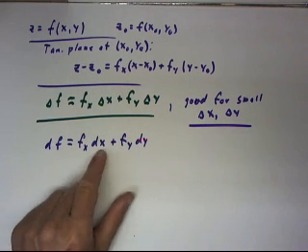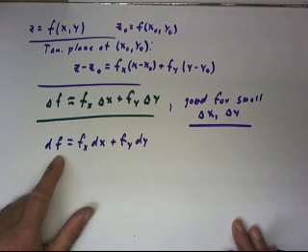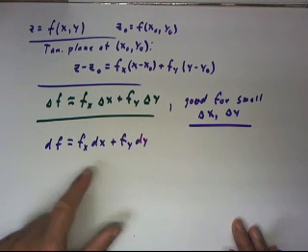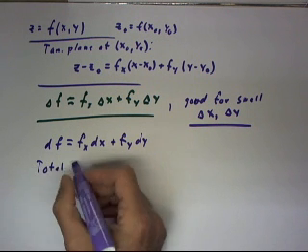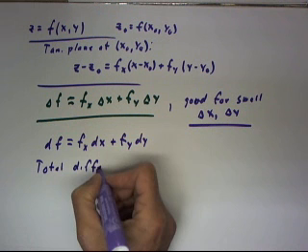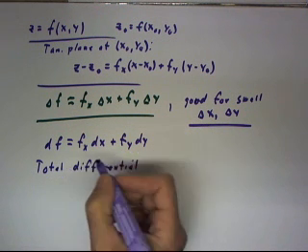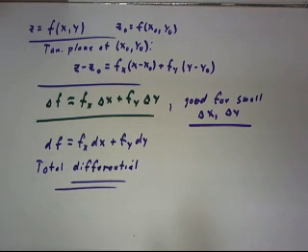So if you have a change dx in your x coordinate, a change dy in your y coordinate, then the change df is going to equal this. And this is called the total differential. And it should be clear why this total differential is important and what it tells us about the behavior of the function.